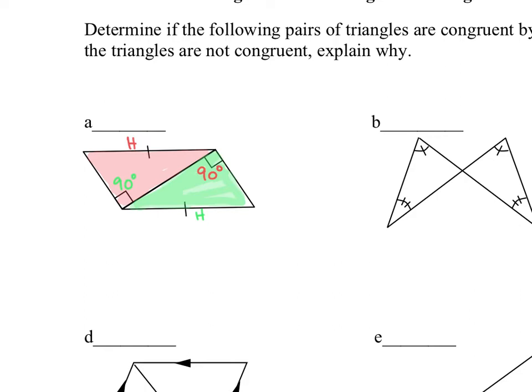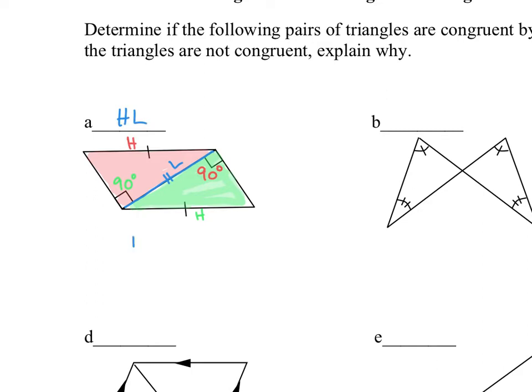Now, if I look at this side in the middle, this blue side is a side of the green triangle. It's also a side of the pink triangle. It is a common side. It represents the leg in this triangle and the leg in this triangle as well. So in this case, those two triangles are congruent using HL.